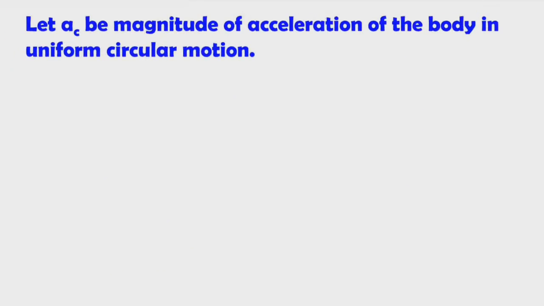Let AC be the magnitude of acceleration of the body in uniform circular motion. So AC is equal to the change in velocity, 2 pi v, divided by the time period t.